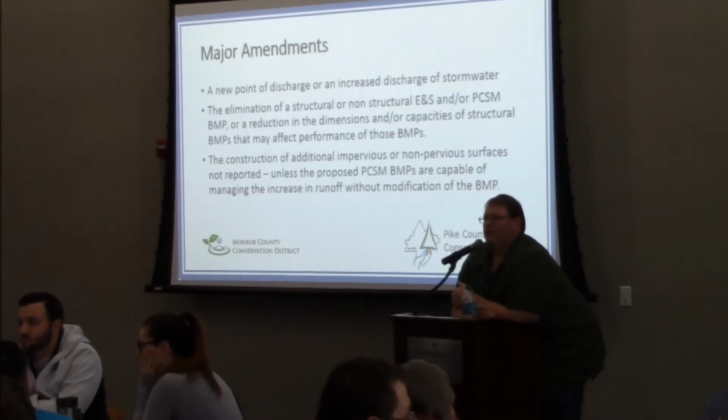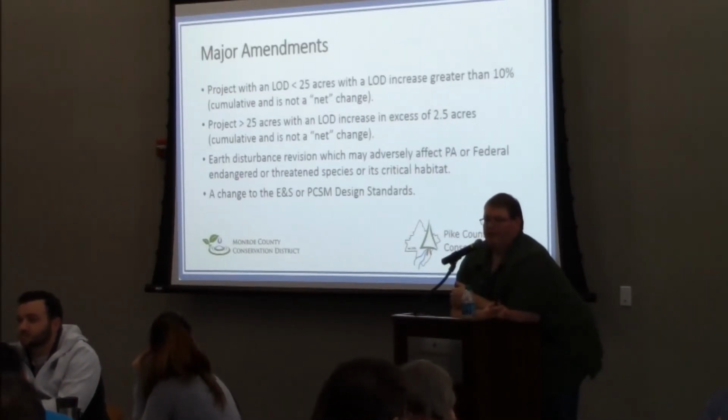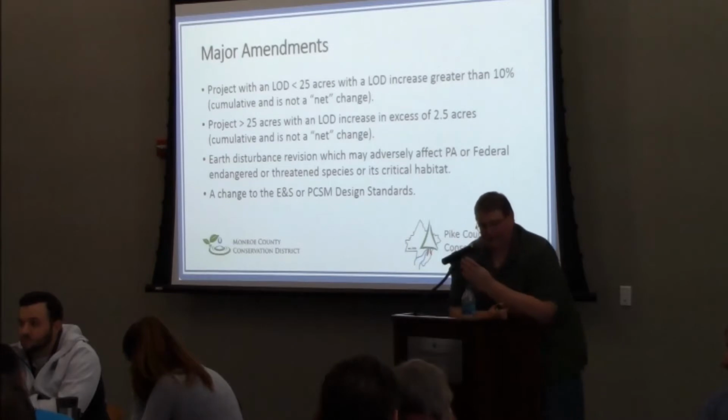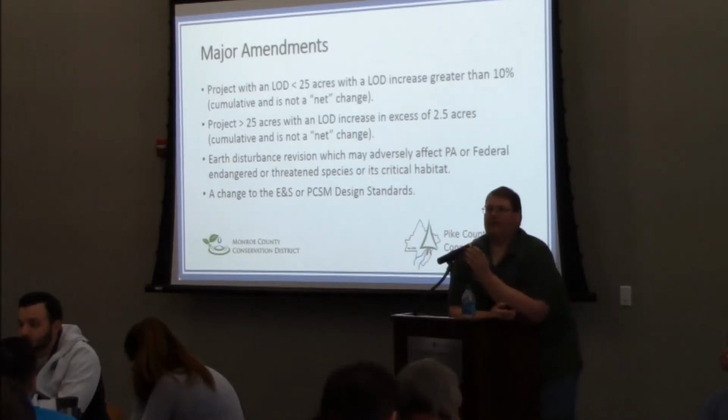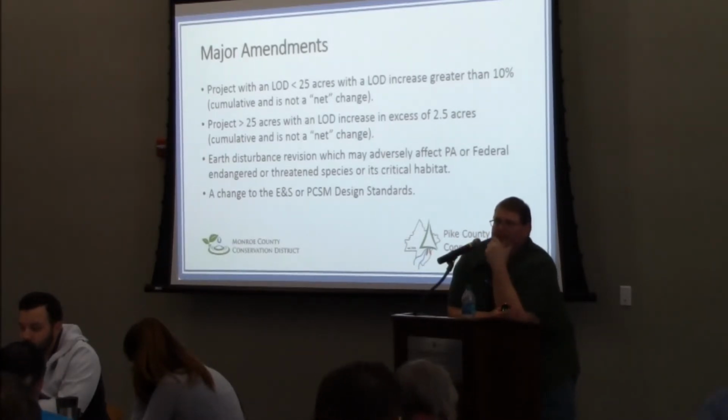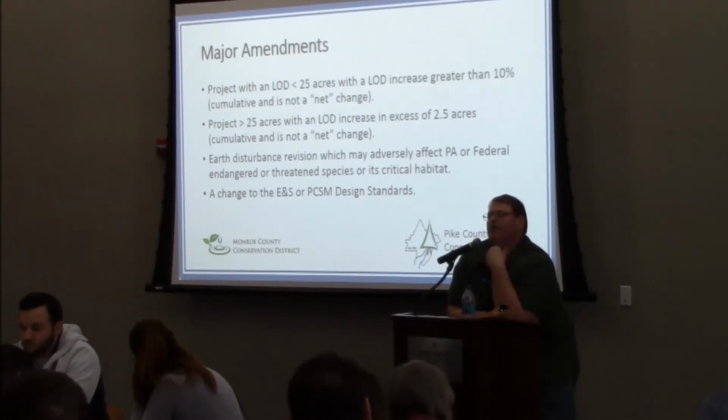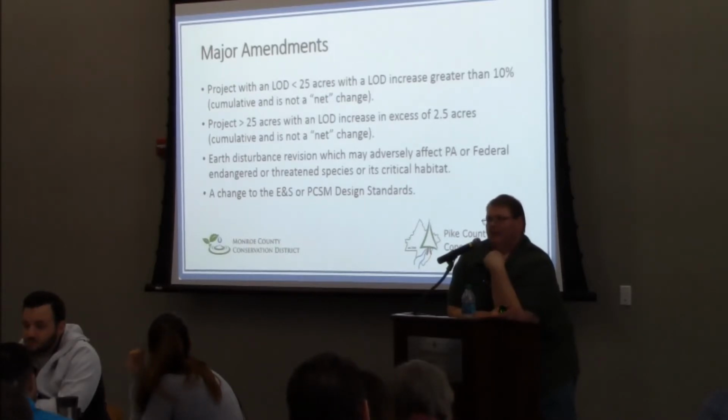Okay. Moving on to major amendments. So this should be of no surprise. When you have projects with a limit of disturbance that is less than 25 acres, if you disturb greater than 10%, it becomes a major amendment. Now, the same holds true for projects that are greater than 25 acres.